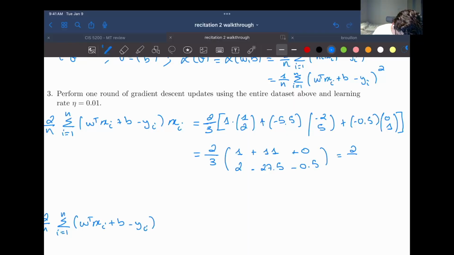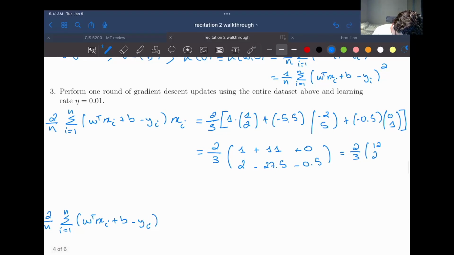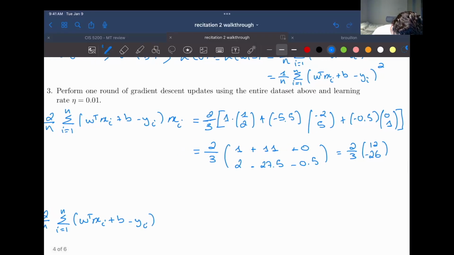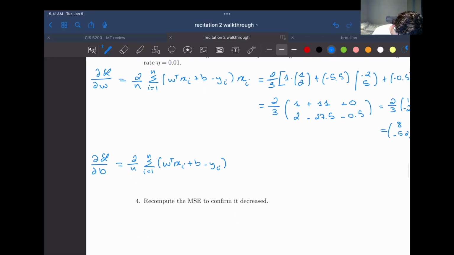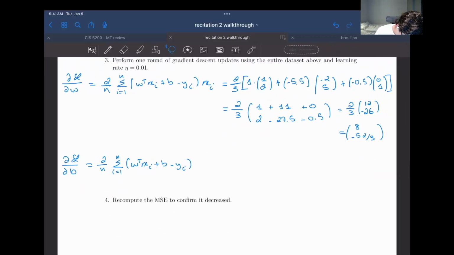So that's equal to 2/3 times 12. And what is this? 20 minus 26. No, this is equal to 8. And below, what do we have? Minus 52 over 3. I guess this is right. Yes. Okay.